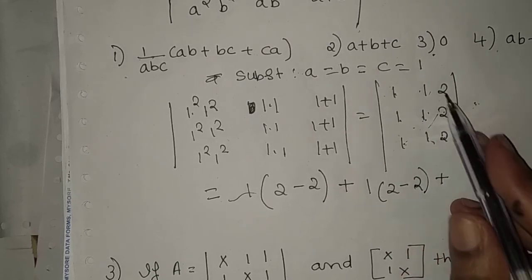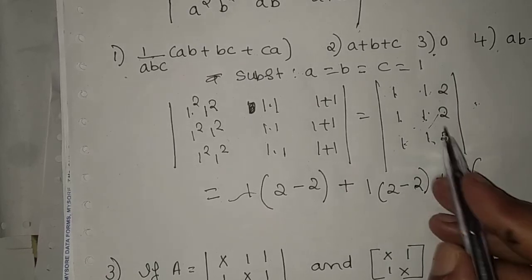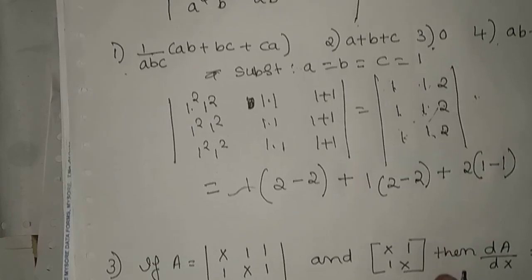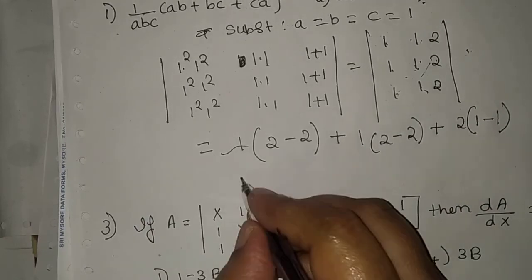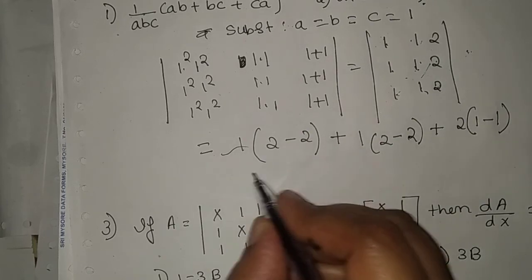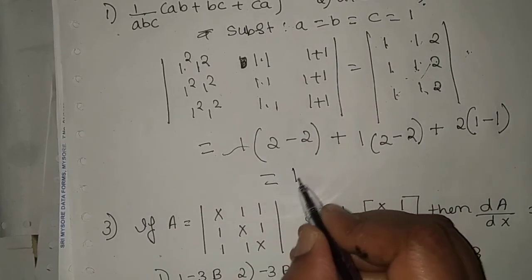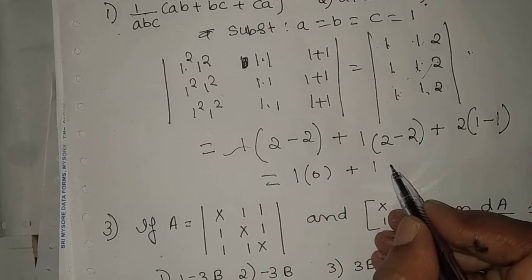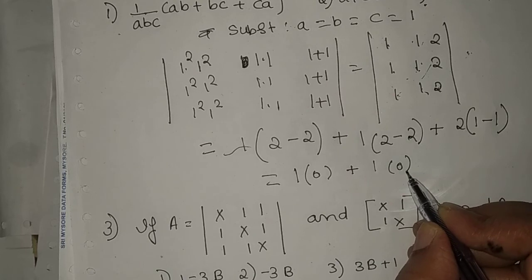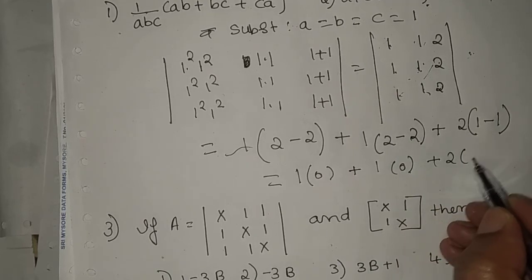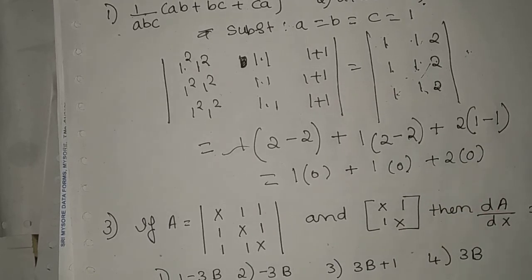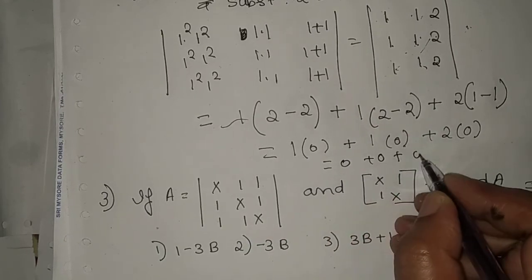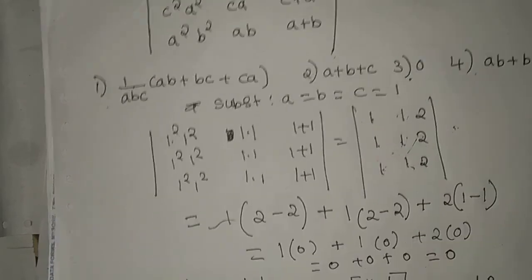Therefore finally keep this 2, therefore this one becomes 1 into 1, 1 minus 1 into 1. Therefore finally we are getting how much, that is here 1 into 0 plus 1 into 0 plus 2 into 0. So everywhere we are getting 0. So 0 plus 0 plus 0 is equal to 0.